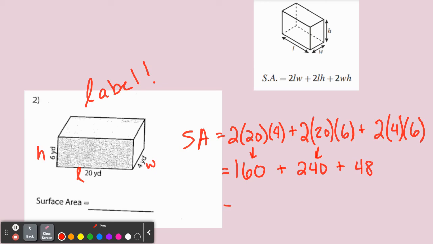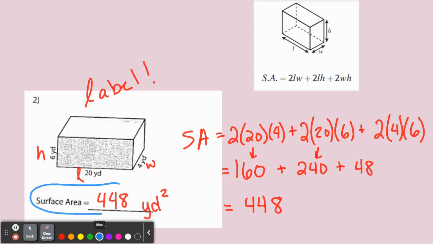So then for your final step, you just add those all together. 160 plus 240 plus 48 is 448. So our surface area is 448. And this is in yards, so square yards. And that is our answer.